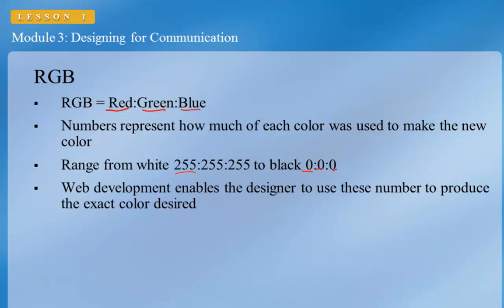And opposite of what you think, with RGB, black is 0 because it's the absence of color. That's the way it was set up for this. And all the colors are made from these three colors right here. You just blend them and you get all different kinds of color.